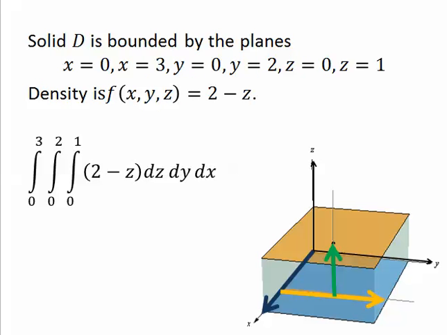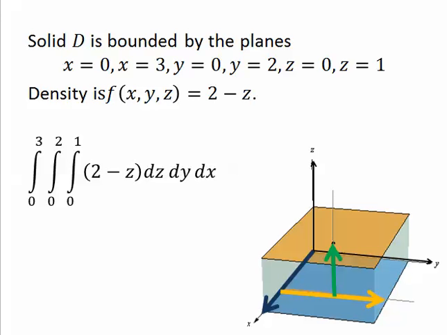The big thing I want you to notice here is the setup. I set up in the same order z, y, and x, even though I really could in this particular case set it up in any order. But once you choose your order, make sure that your bounds match up with your order. So z goes first, and so my inmost integral, my bounds are between 0 and 1.